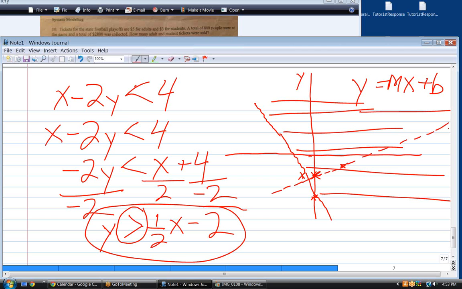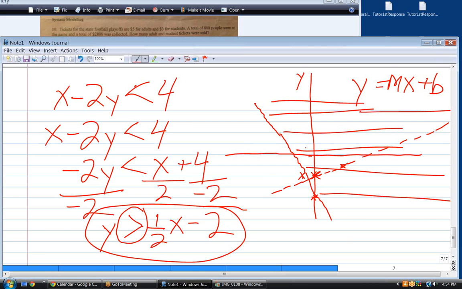Okay? Which side of that do I want to shade? Above or below? Now look at the y-axis and look at the sign of the inequality. Oh yeah, sorry about that. It's always, in other words, if that's greater than, you're above. If it's less than, you're below.